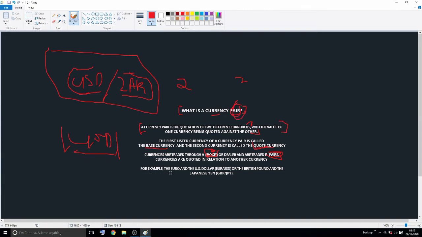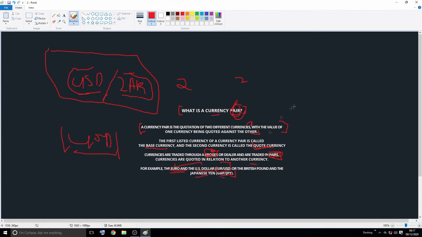For example, the euro and the US dollar. On the MetaTrader it will be EURUSD, or the British pound and the Japanese yen, GBPJPY. So these are pairs, the euro and the US dollar, or the British pound and the Japanese yen.